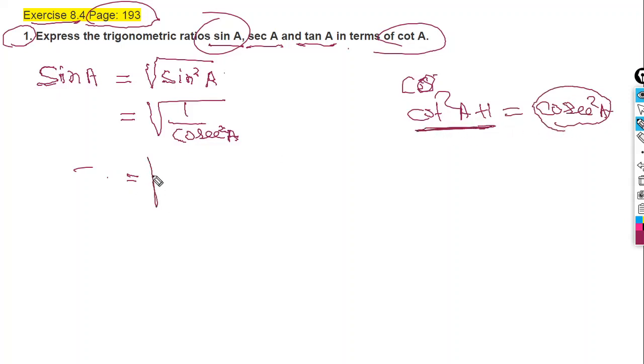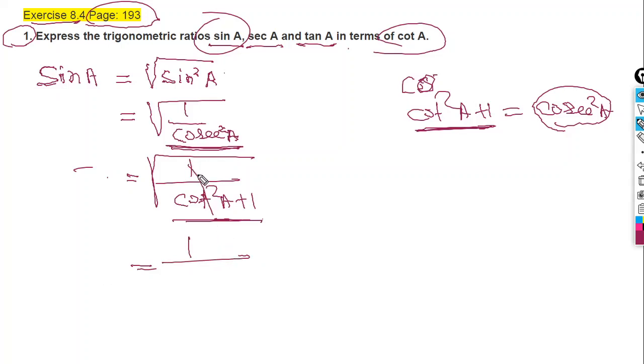So we can write root over of 1 by cot square A plus 1, instead of cosec square A. You can simplify it to 1 by root over of cot square A plus 1.